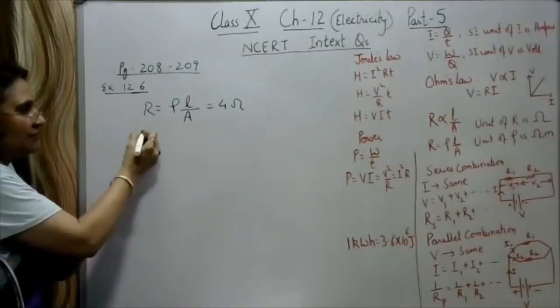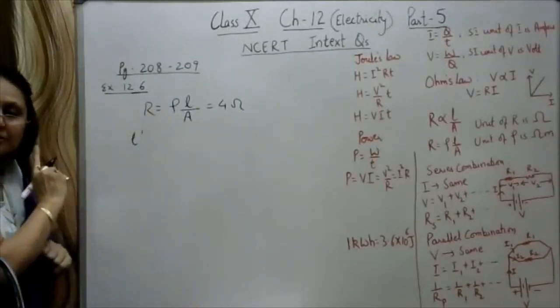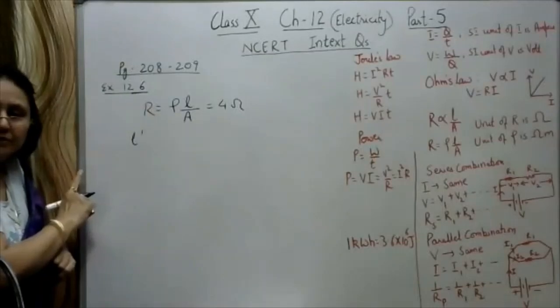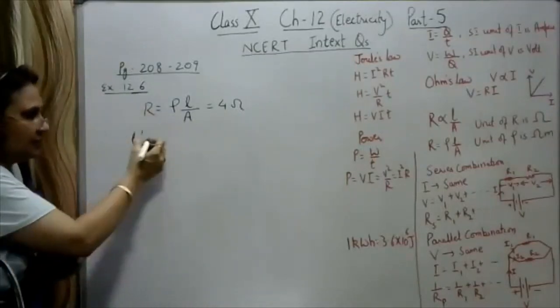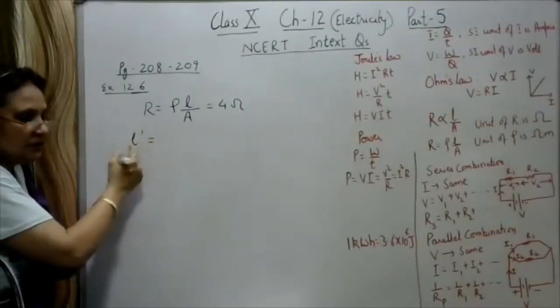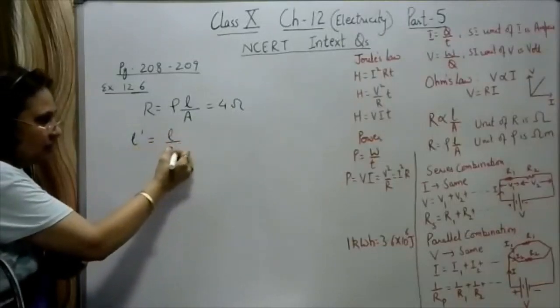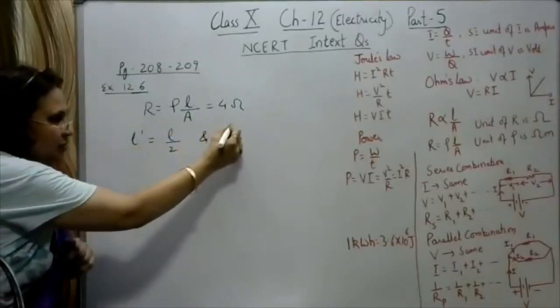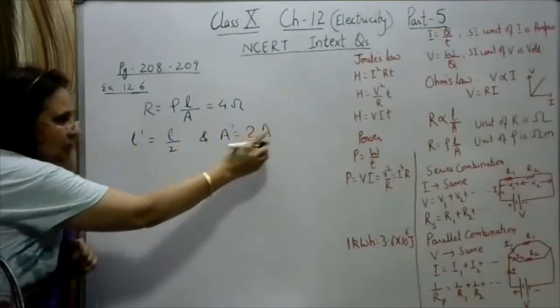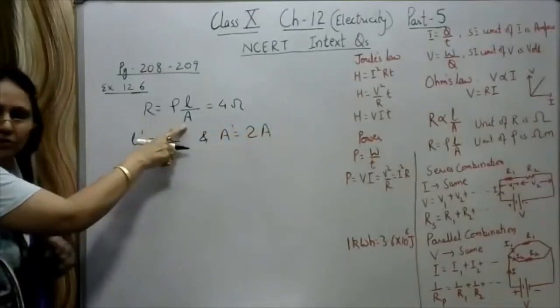Another wire of same material is taken, that is rho will remain the same. Same material means the resistivity will remain the same. The new length is half of the original length and the new cross-sectional area is double the cross-sectional area of the original one.